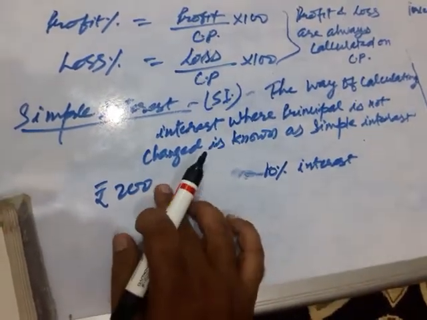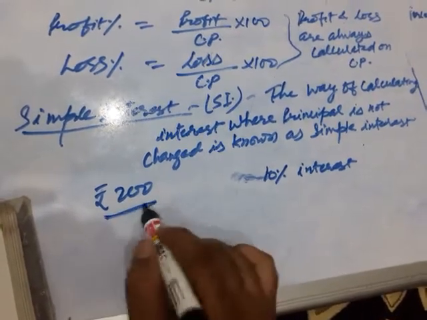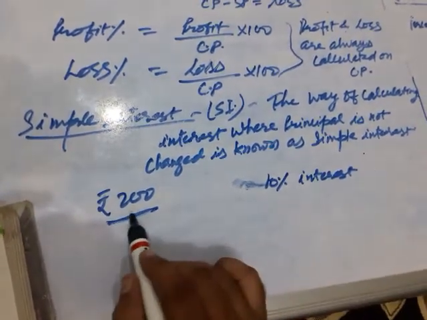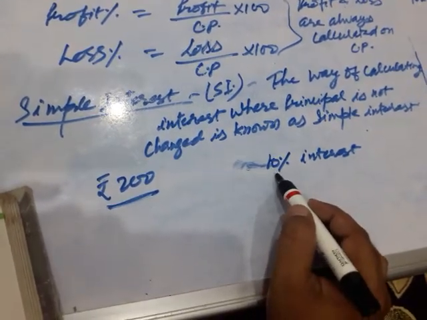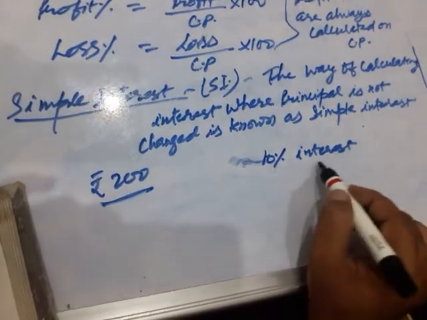If we borrow or lend some money, this is rupees 200, with the condition that you will give me 10% extra at the end of the year.